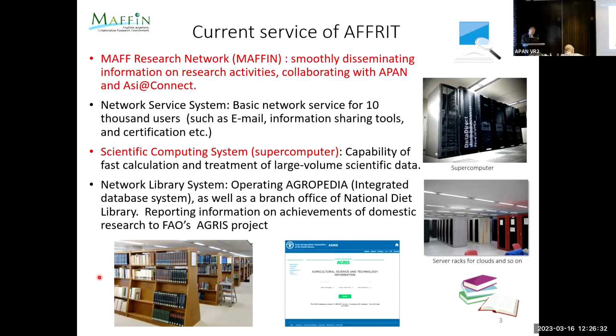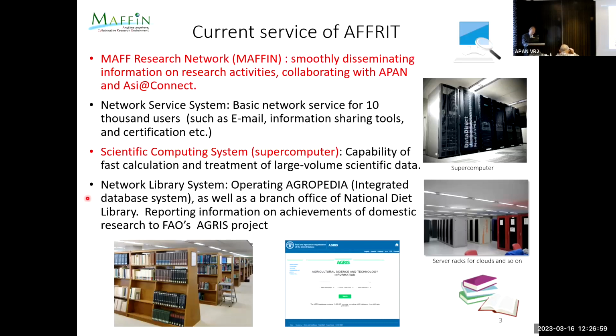And second, a network service system is a basic network service for research activities with 10,000 users. Most of the users are researchers. And a scientific computing system is a supercomputer system. And the fourth one is network library system.